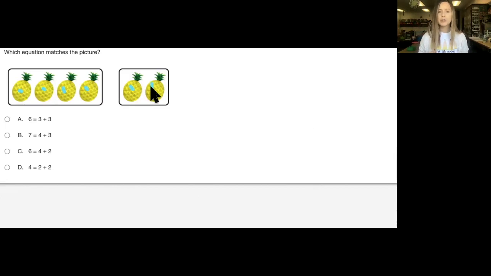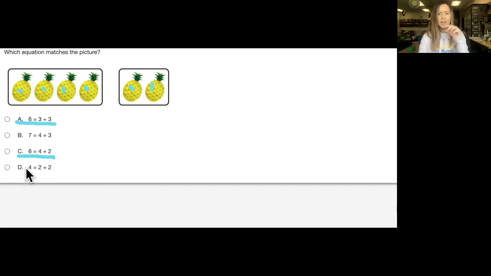Okay, we've got a group of 6 being broken apart. Let's look at our answer choices. This answer choice shows 6 being broken apart. This one shows 7. This one also shows 6. This one shows 4. Our only possible choices are A and C.